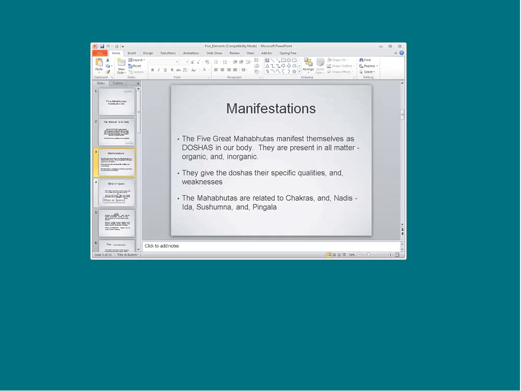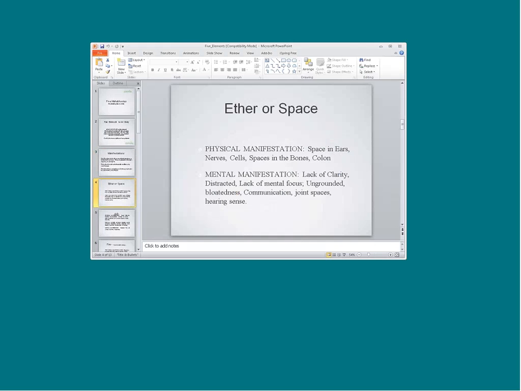So let's start with the most subtle, with space. What's the physical manifestation of space in the body? The space in the ears. So you know your ears are made up of very fine components of bones and very fine membranes and nerve cells, hair cells, and so forth.